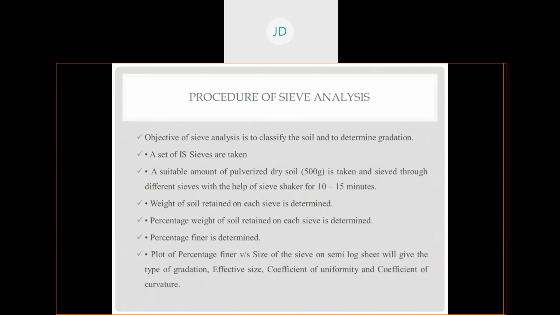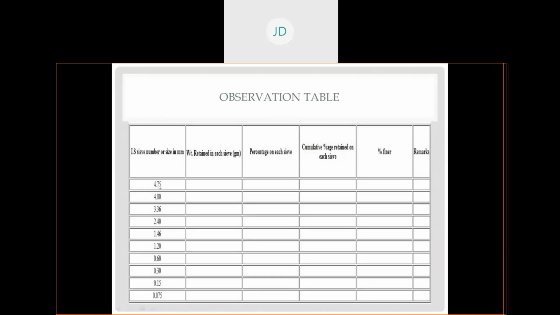Even here in the table, you can see the sieve sizes decreasing like this, starting from 4.75 at the top. Suppose we come from the bottom. Let's first take the 0.075 millimeter or 75 micron sieve. Above this you put the larger one, suppose a 0.15 mm sieve. Above this 0.3, above this 0.6, then 1.2, 1.4, like this.